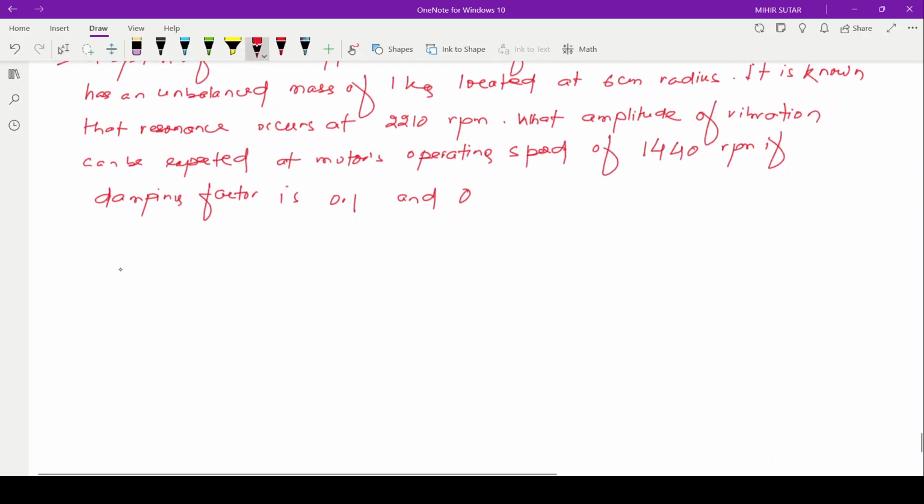Okay. So basically we have omega by omega n is equal to 1440 divided by 2210 is equal to 0.652. Okay, and m0 by m is 1 by 1200.